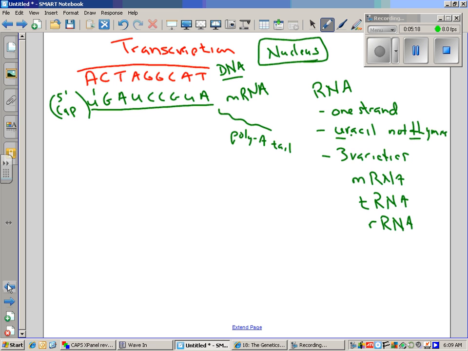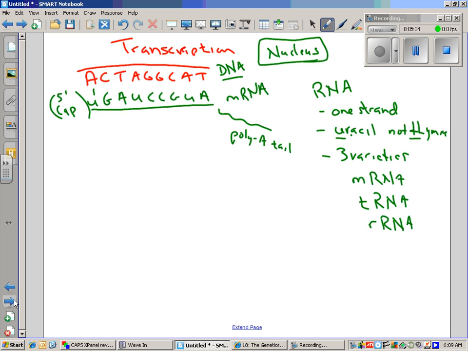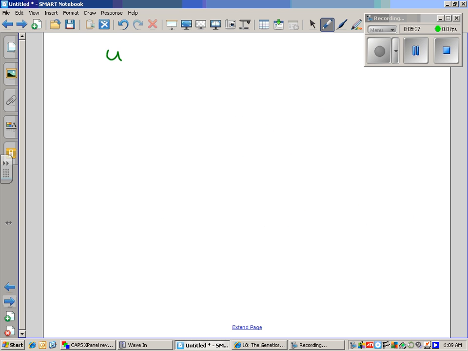And just a minute here. Let me get my code down, UGA, UCC, GUA. This travels out of the nucleus to the ribosome. Now, this code is essentially the same as the DNA code.